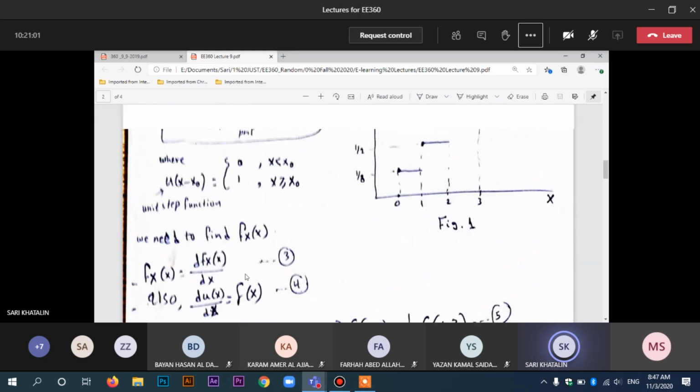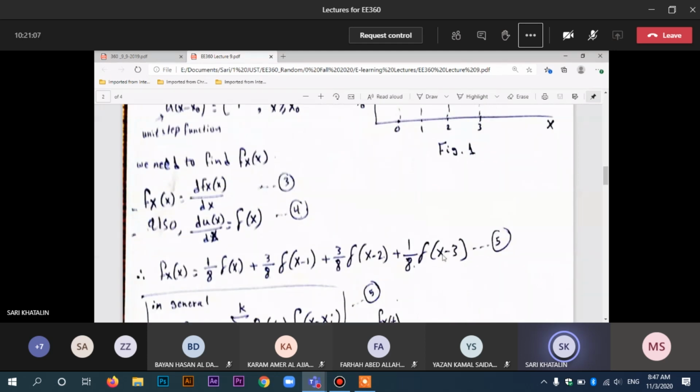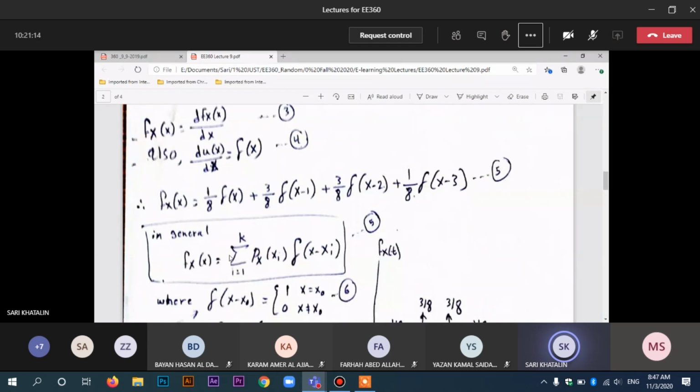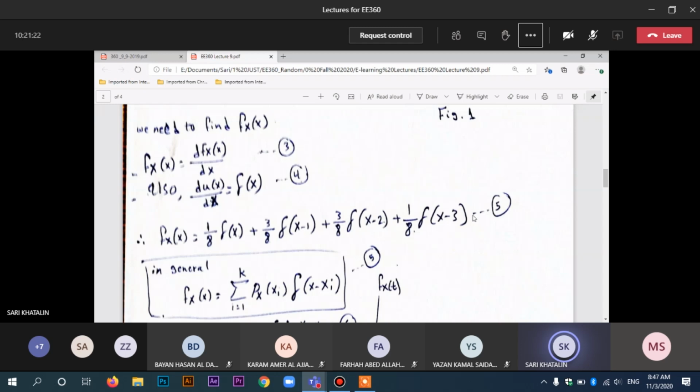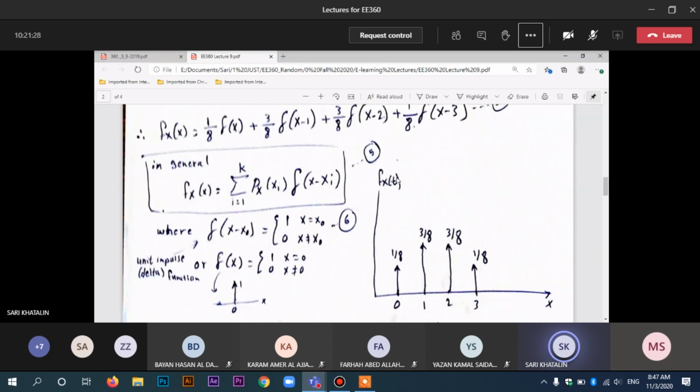So if we have this function, all we have to do is take the first derivative of this one and you get equation 5 as shown here. And this is the general form. This is for the absolute values, okay? Now, we have this function, and we learn how to plot this one very easily, as shown in figure 2. This is an impulse, okay?